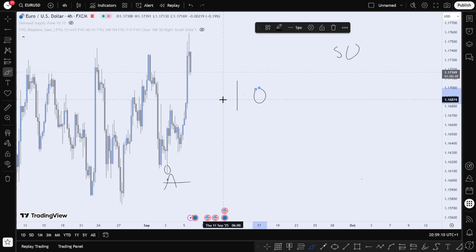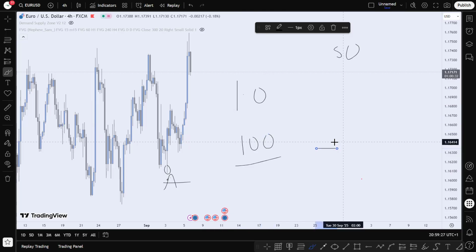Do you understand? And the funny thing is, this lot size that we're talking about goes on and on. There are people in this industry currently using 100 lot size. Can anybody tell me what this 100 lot size will mean? What will one pip be equivalent to?